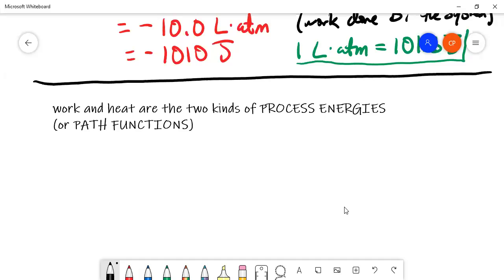Now, they stand in contrast to state energies.